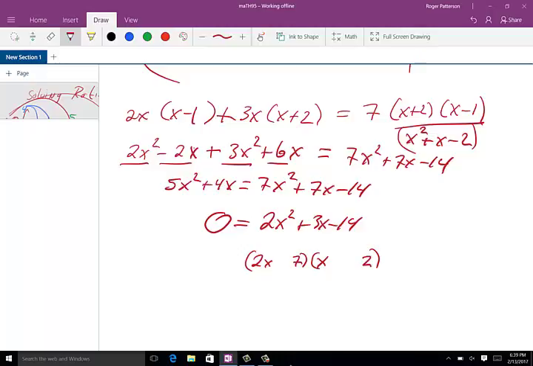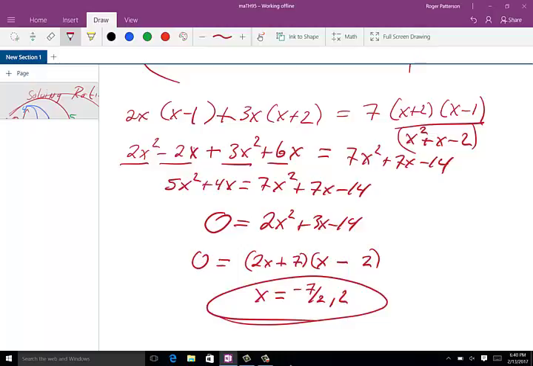And then that's got to be a 2. So we have a negative 14. One of these has got to be positive. Any ideas of which one? Good job. Okay, so what are my answers? Negative 7 halves and 2. In this case, I got 2 answers.